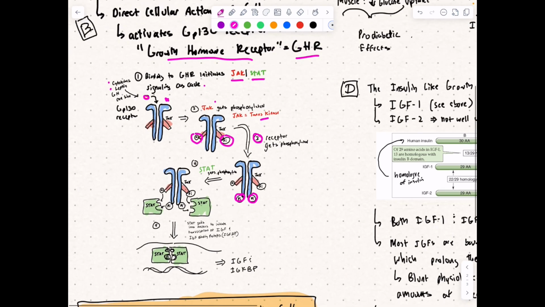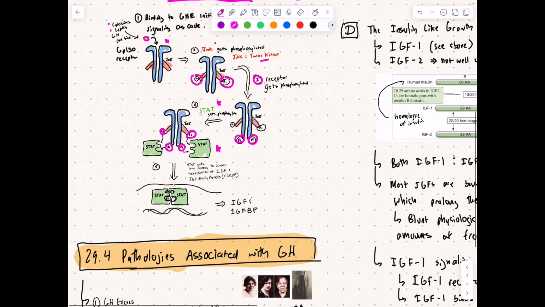After that occurs, STAT gets phosphorylated, and then STAT goes into the nucleus, and it will start transcription of IGF and IGF binding protein.